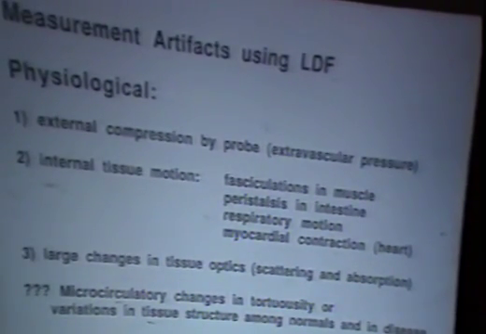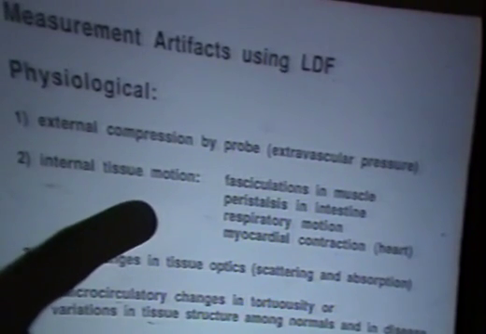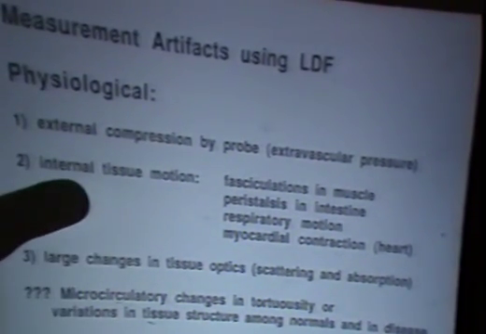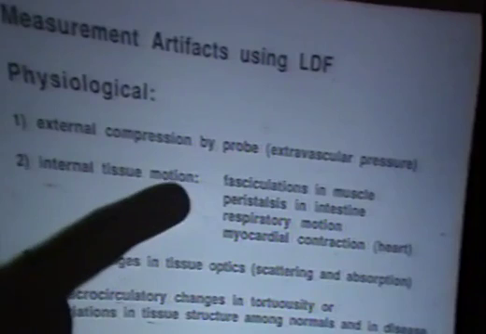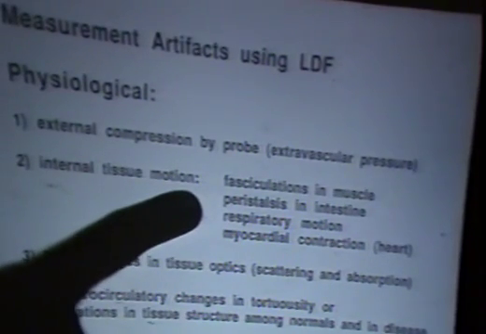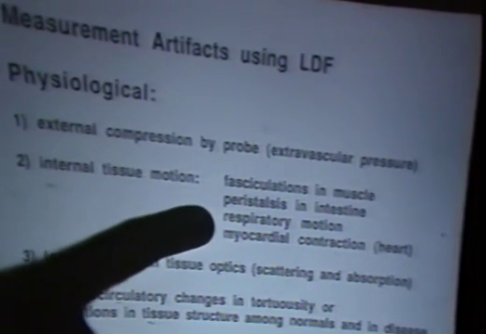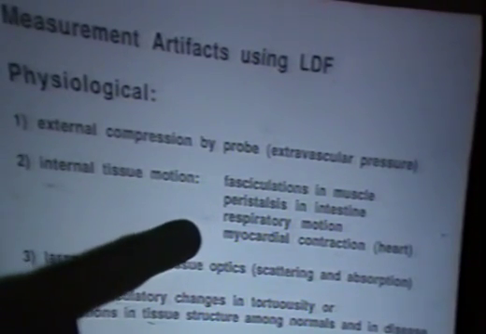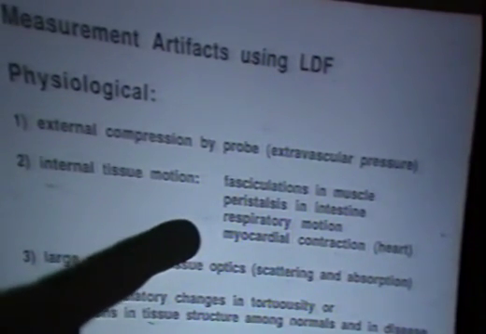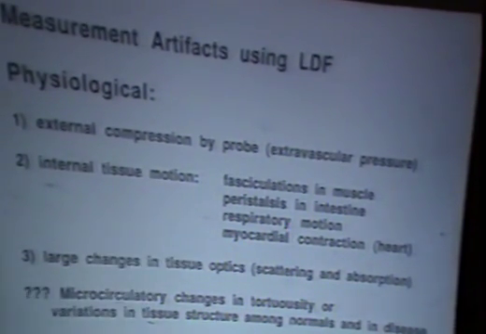We were doing a bunch of patients during muscle biopsy that had fasciculations. They would lead to transient spikes. You can have peristalsis in the intestine. Pete's very familiar with that. Respiratory motion is a very common artifact, particularly when dealing with small animals. And in the extreme case, trying to measure epicardial blood flow, there's a very strong component due to the contraction of the muscle.